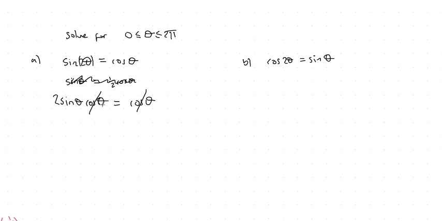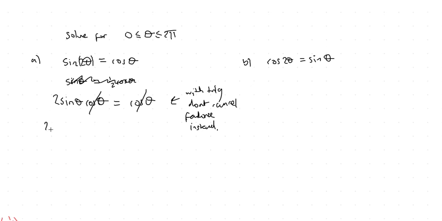So you miss out on finding out about what cos theta is. So with trig, don't cancel. There's a better way. What we do is we factorize instead. So try and remember that, otherwise you will miss out on marks.